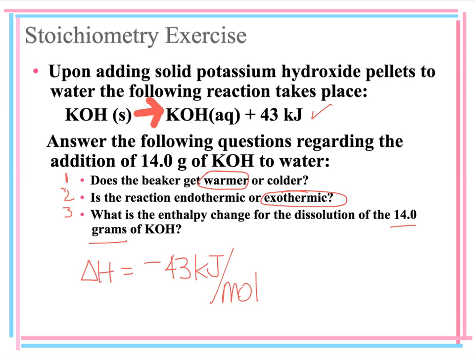When we write it like this, it's always going to be per 1 mole of reaction. And so because of that, we need to figure out how many moles of the KOH we have because we have 14 grams. And so I'm going to work that on the next slide.